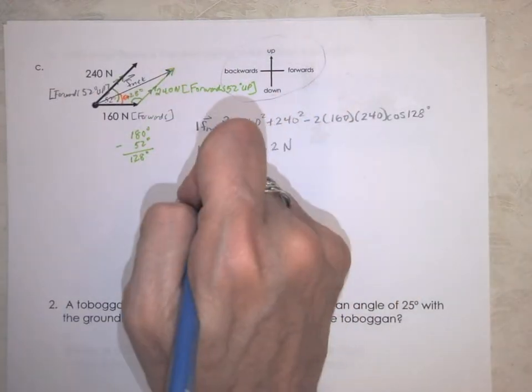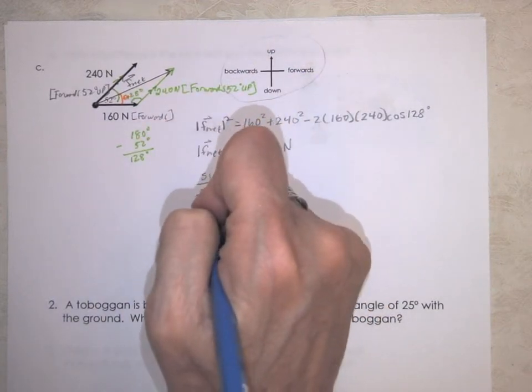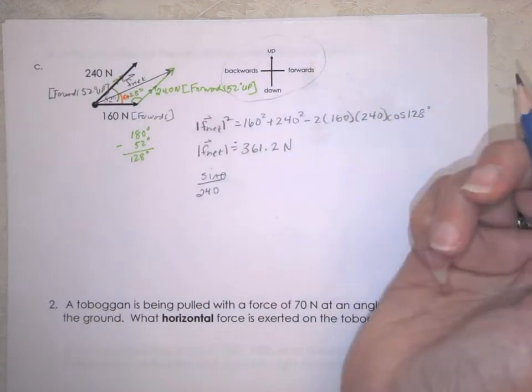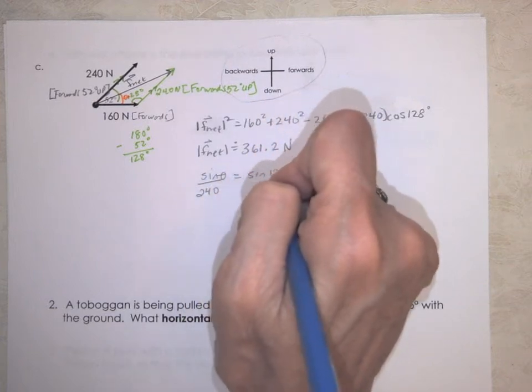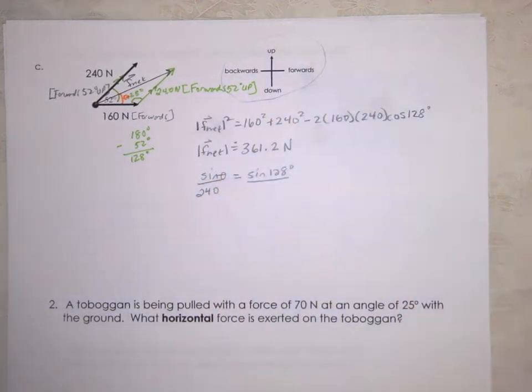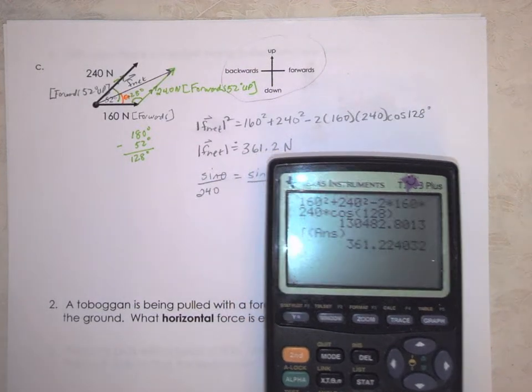So sine of theta divided by the magnitude, so this vector, which is 240 newtons, is equal to the sine of 128 degrees over 361.224.